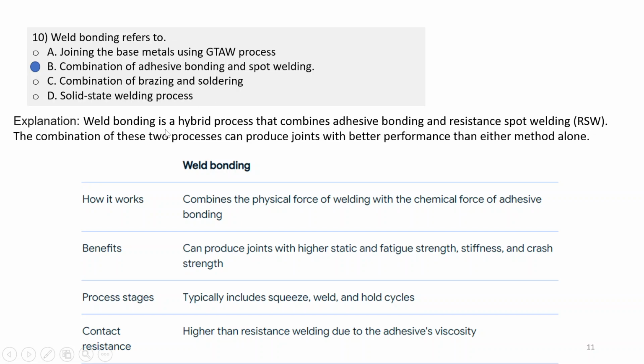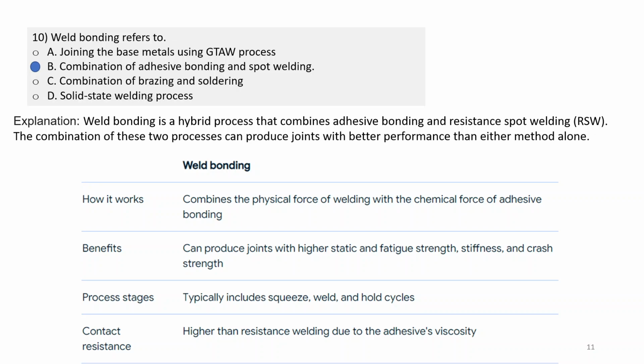Okay, so weld bonding is a hybrid process which combines adhesive bonding and resistance spot welding. The combination of these two processes can produce joints with better performance than either method alone. In case of weld bonding, it combines the physical force of welding with the chemical force of adhesive bonding.